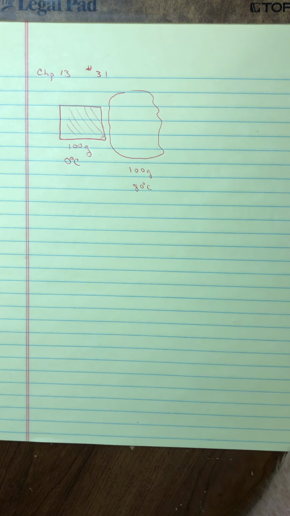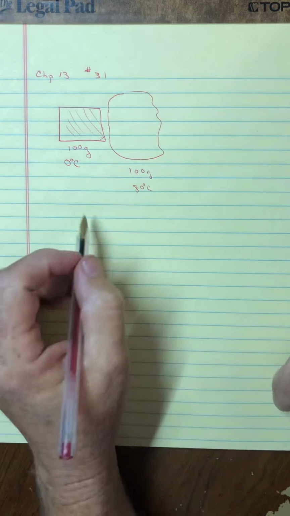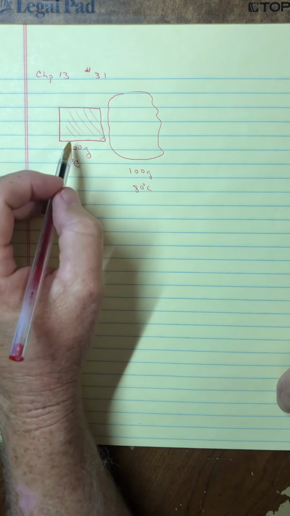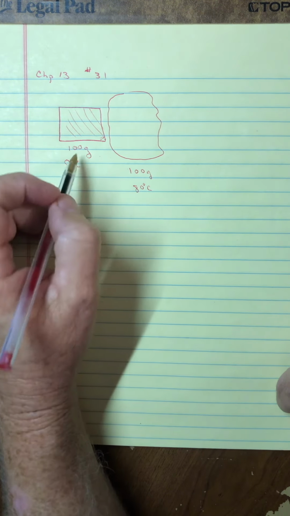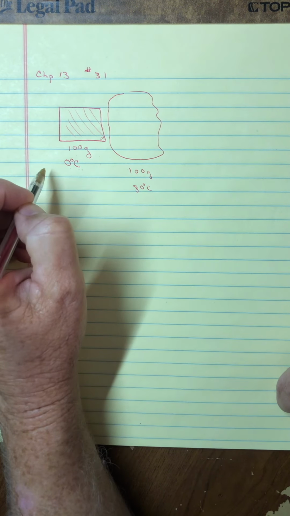And it says, will the equilibrium temperature of this mixture be greater than, equal to, or less than 40 degrees? Now, here's why they picked 40 degrees. They picked 40 degrees because if you accidentally or carelessly forget that it takes a lot of energy to melt ice, you might treat this as if this was just water at 0 degrees.